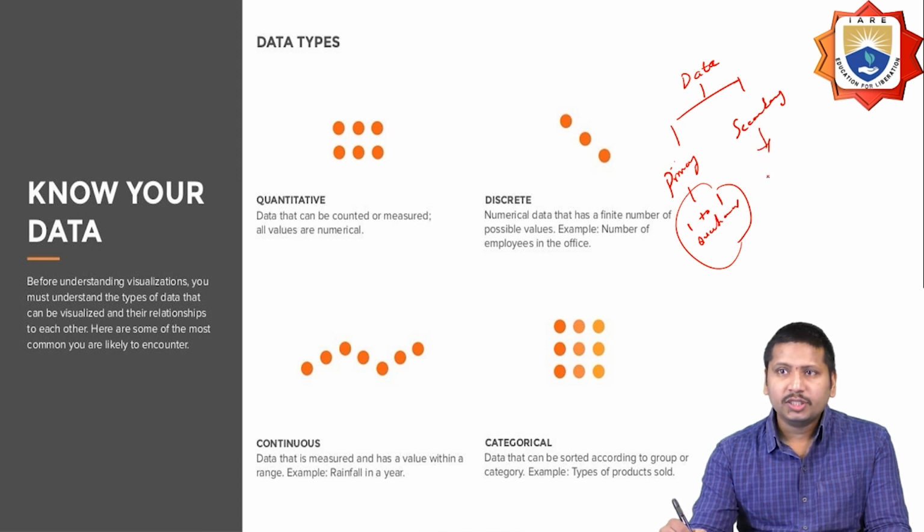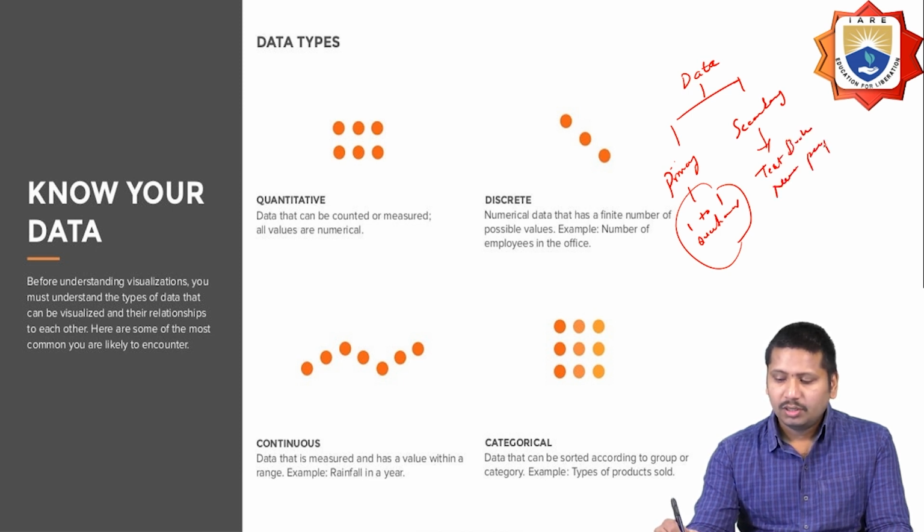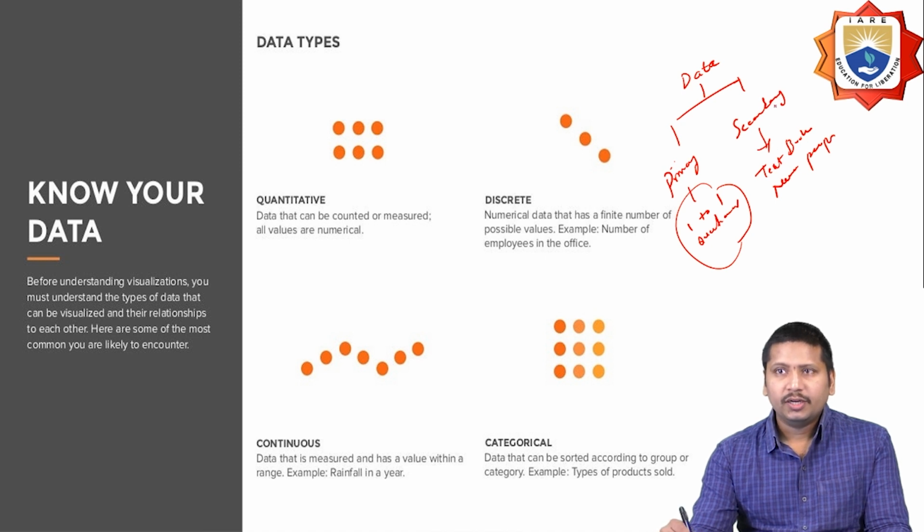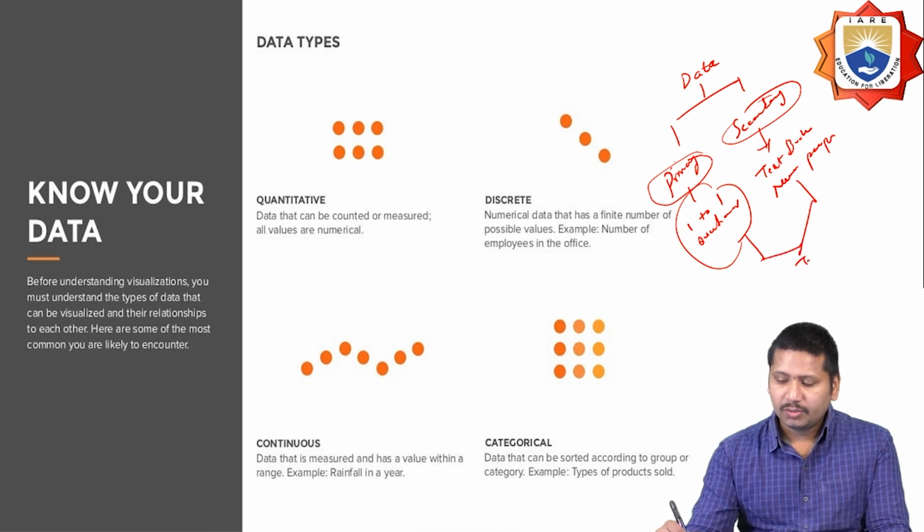When it comes to the secondary, it may be textbooks, data in newspapers, like that. So these are all the data that come under the secondary one. So know our data. Once we know whether it is primary or secondary, that data is going to be classified into types of data.